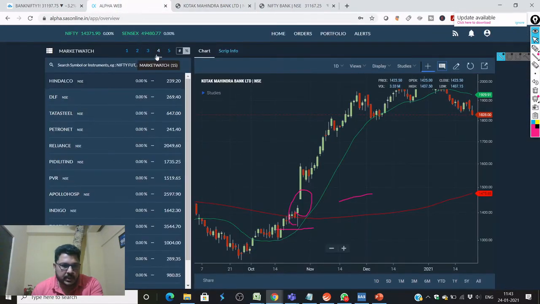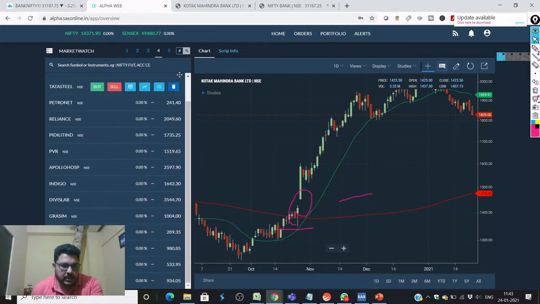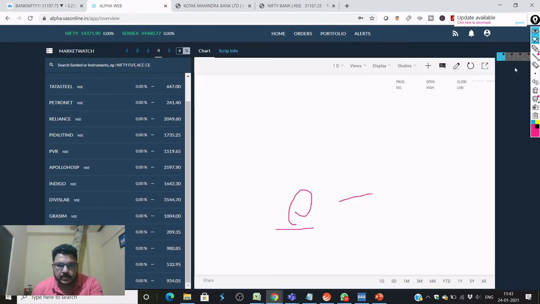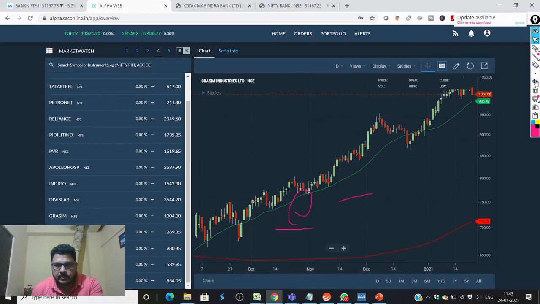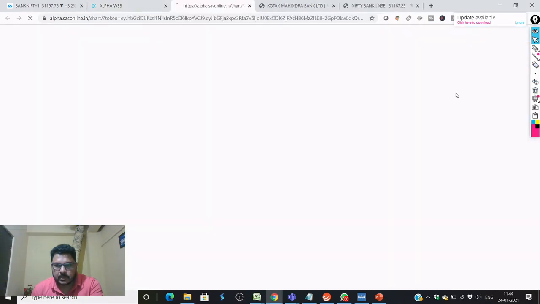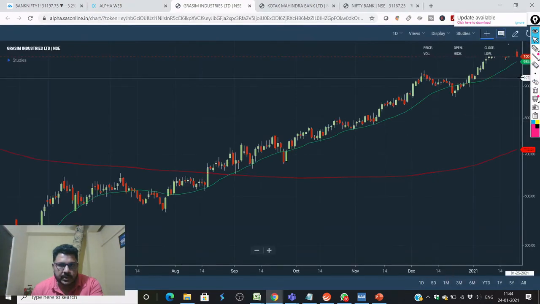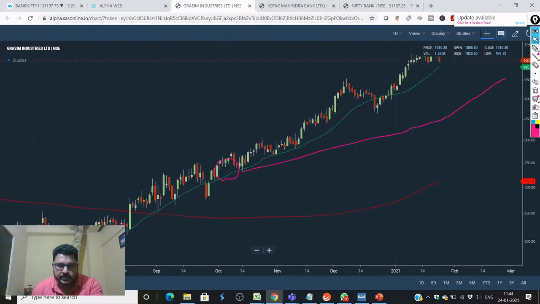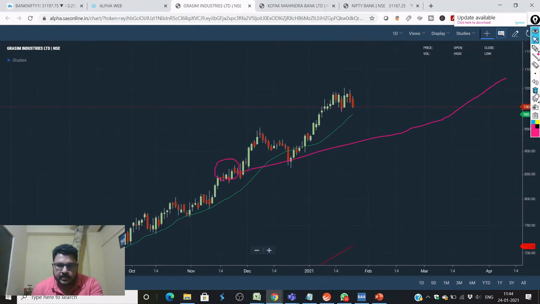Let's look at Grasim. You will be surprised to see the movement Grasim has given. After this crossover, see the way it has gone up. Still holding on to the 20 period moving average.